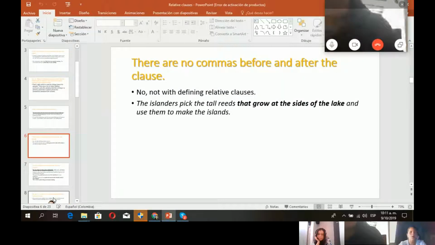There are no commas before or after the clause. No, not with a defining relative clause. The Uros picked the tall reeds that grow at the side of the lake and used them to make the island.